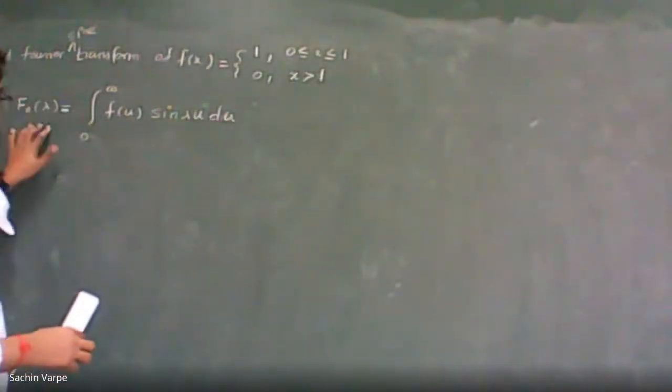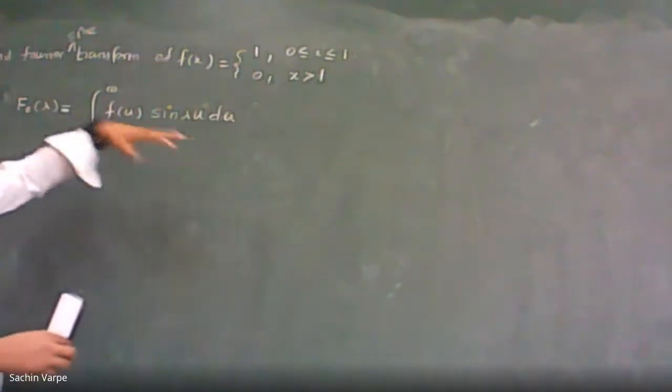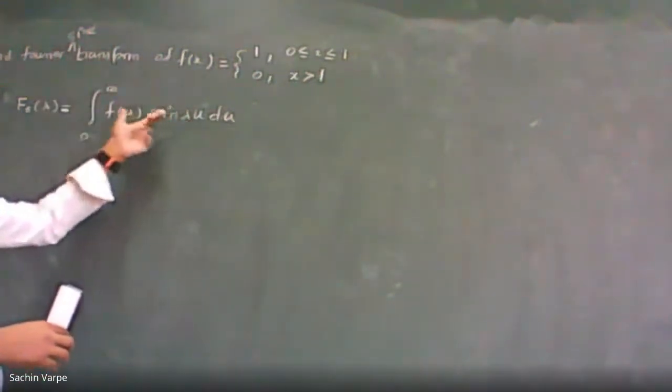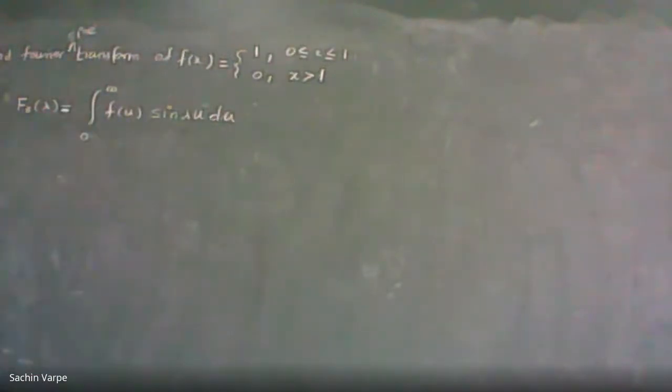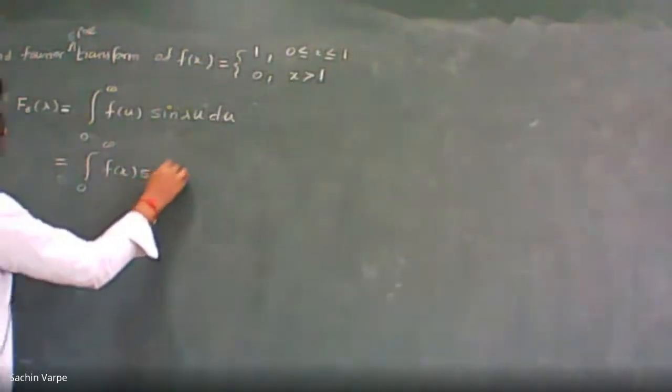It is very easy to remember: while writing f of lambda, everything will be in terms of u. If we are writing sine, then sine; if we are writing cos, then cos will be there. So let us write in terms of x: integral from 0 to infinity f of x sine of lambda x dx.